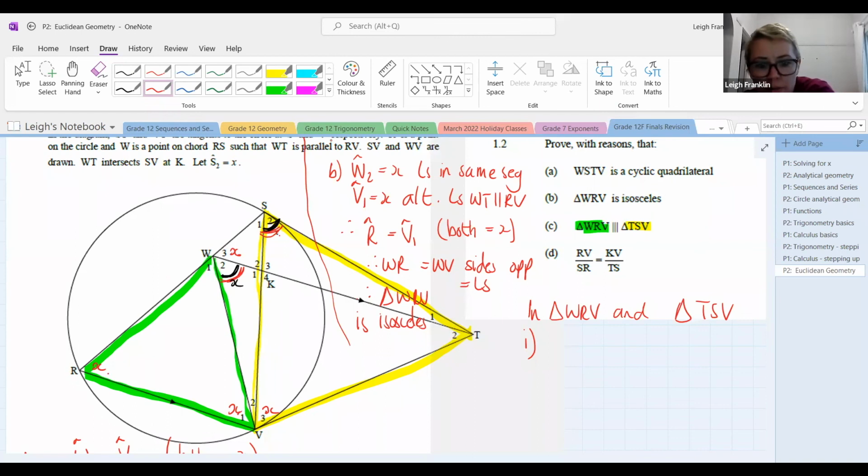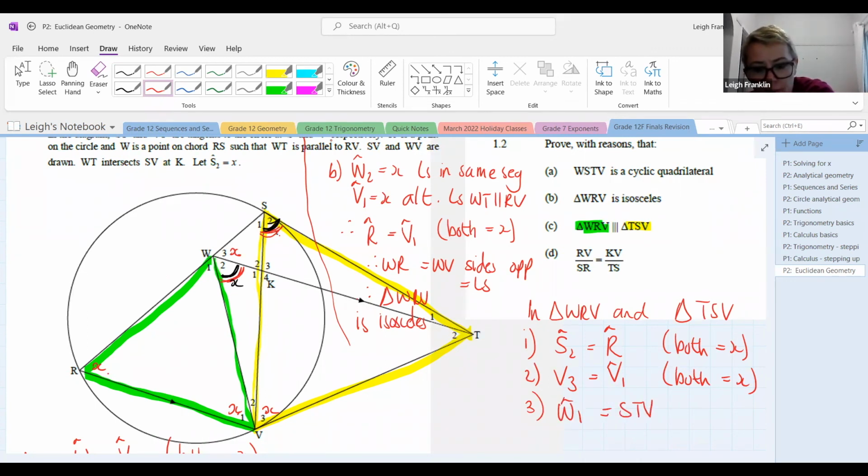We can say that S2 equals R, both equal X. And in number 2, we can say that V3 equals V1, again because they both equal X. The third remaining angle is W1, and it is equal to angle STV, because it is the third angle of a triangle, angle sum in triangle.